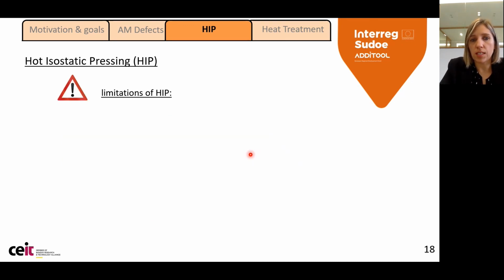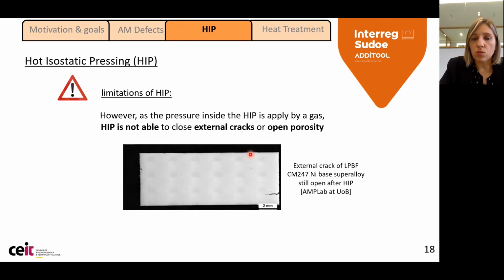However, it's true that the HIP has its own limitations. As the pressure is applied by a gas, it's not possible to close any open porosity or external cracks. In this case, you can observe that this crack in CM247 nickel-based superalloy is still open after the HIP, and it's because, of course, if the gas goes in, it's not going to close anything.